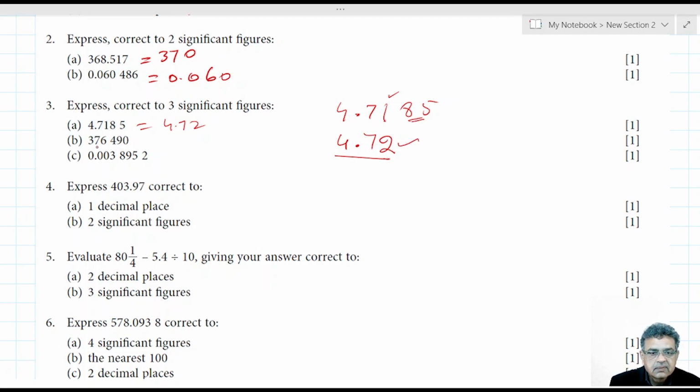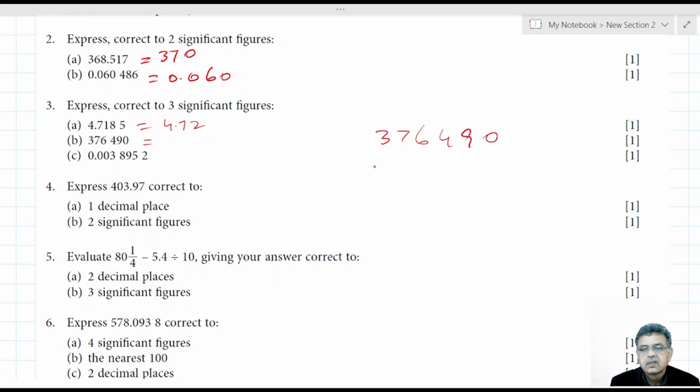Okay, three significant figures of this one. Let me write it here. The number is 376490.